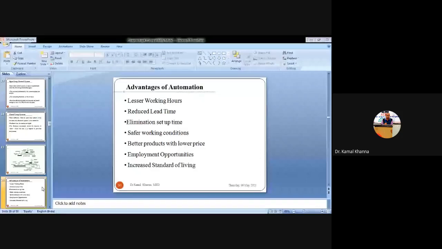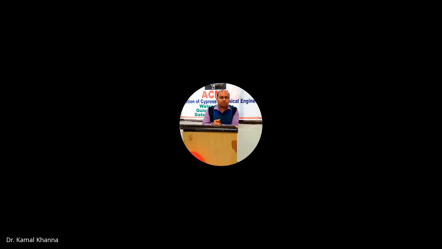We are getting a high quality product at optimum cost, and there are also more employment opportunities for skilled workers. If the worker is very skilled and getting higher salaries, then naturally their standard of living will increase.